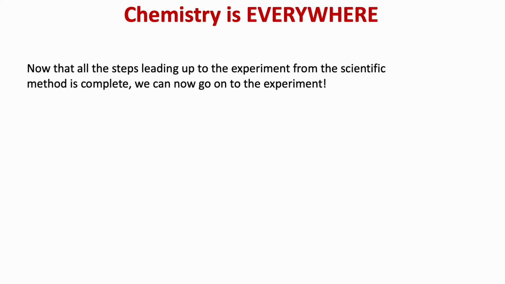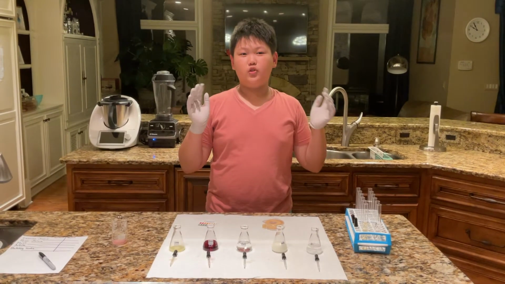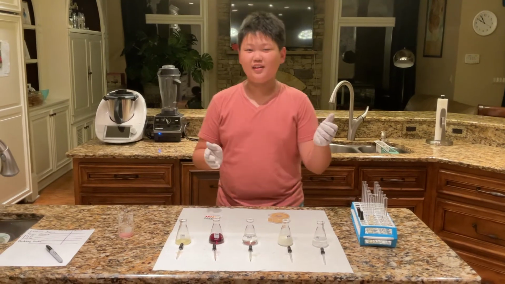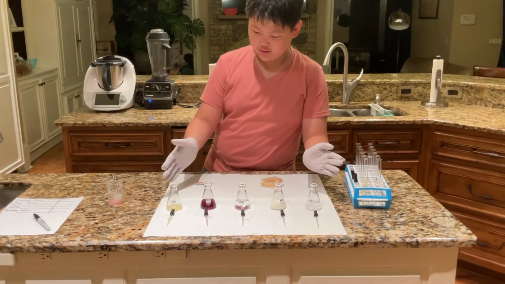Chemistry is everywhere. Now that all the steps leading up to the experiment from the scientific method are complete, we can move on. Let me take you on an adventure to explore chemistry in my kitchen. It's time for the experiment. Welcome to my kitchen experiment. As you can see, I have a normal kitchen, and I have my liquids set up right here.